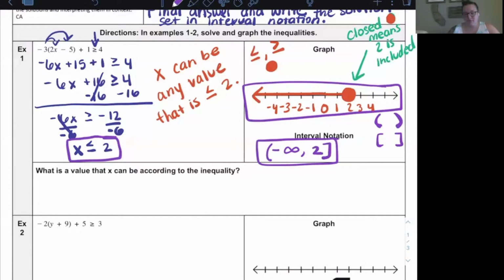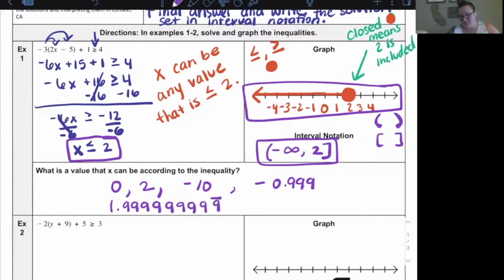So 3 numbers that you might have written down are 0, maybe you wrote down 2, maybe you wrote down negative 10, maybe you wrote down negative 0.999, maybe you wrote down 1.99999, and you can actually put an infinite number of 9s here.